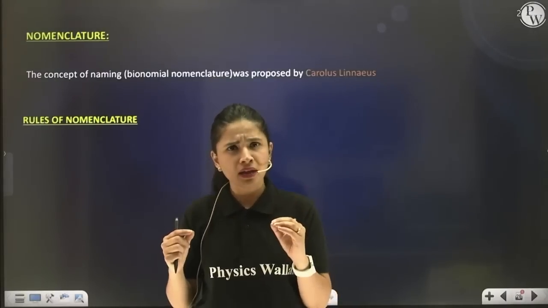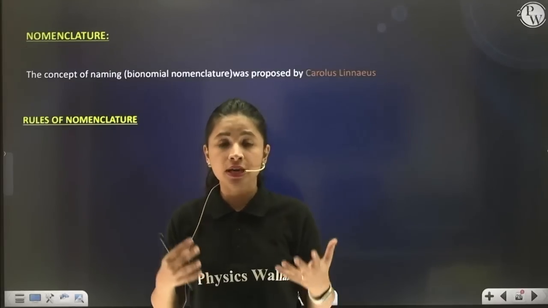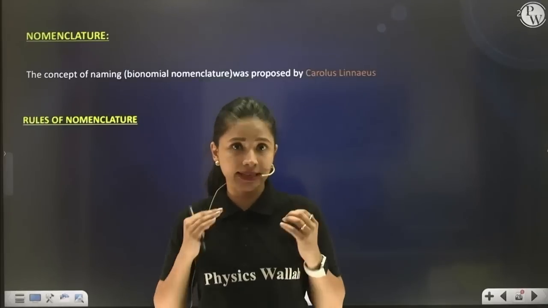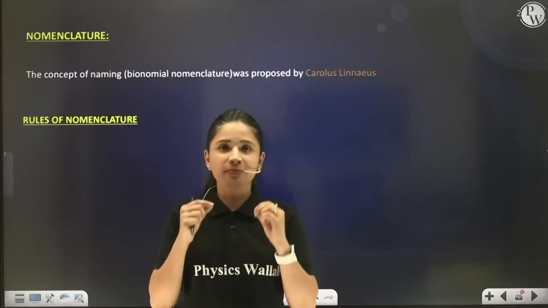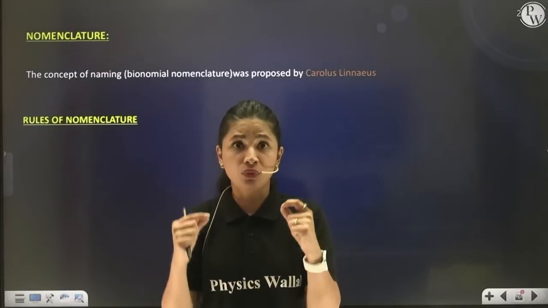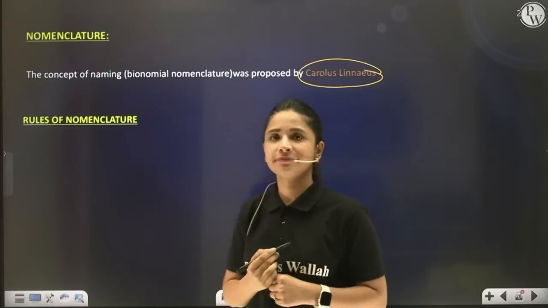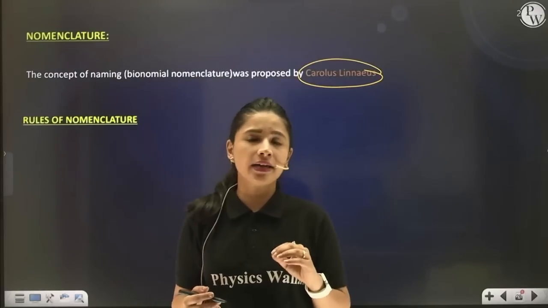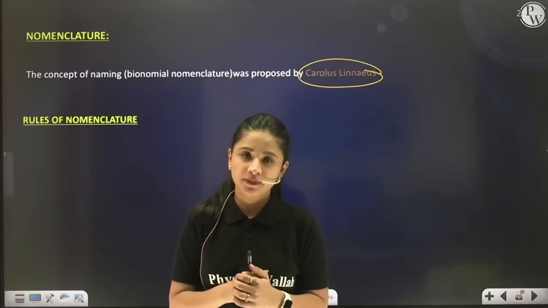That is why many scientists came and tried to propose rules for nomenclature, for naming. However, the most accepted system for nomenclature was proposed by Carolus Linnaeus. This scientist, beta, has done a lot of work in the field of biology, right?